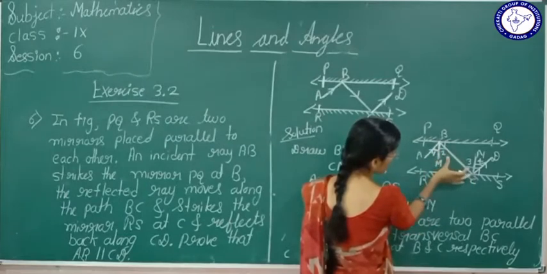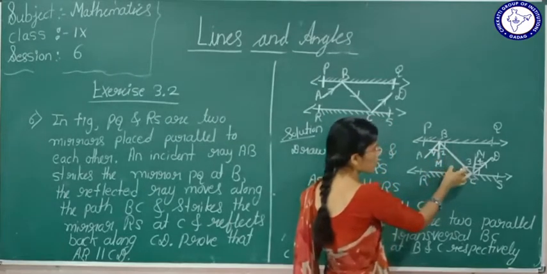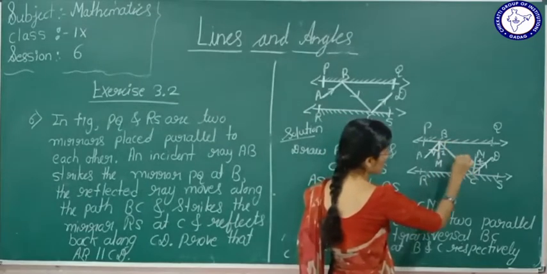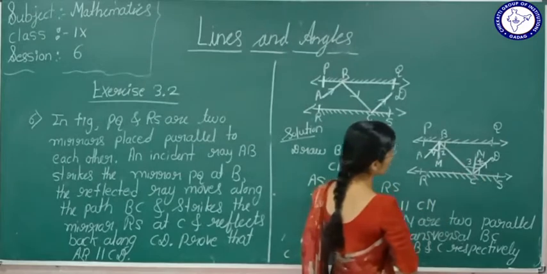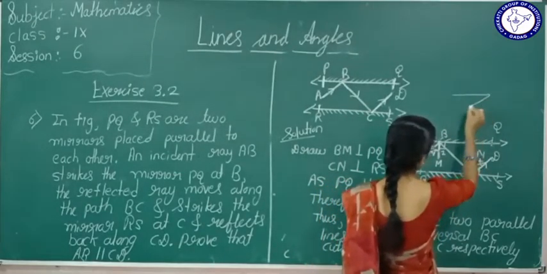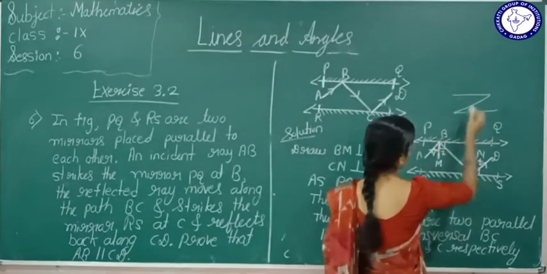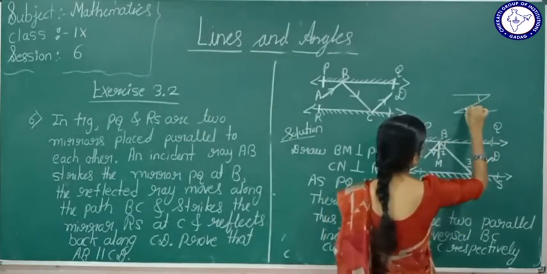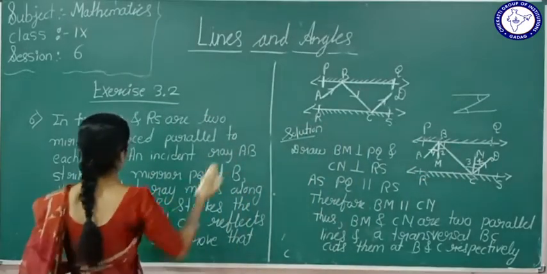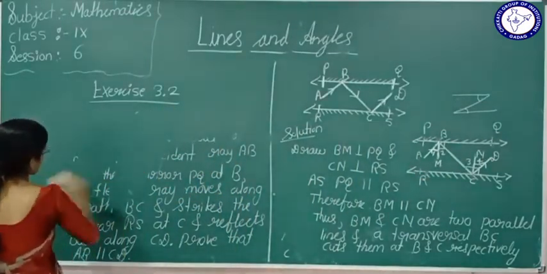Now see the theorem, which theorem we have to apply here. If two lines are parallel and a transversal intersects the two lines at distinct points, it is somewhat like this, in Z shape. Which angles are these two? Alternate interior angles. Yes or no? Alternate interior angles are what, students?